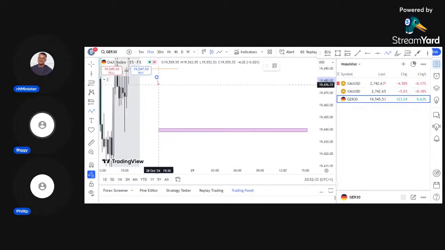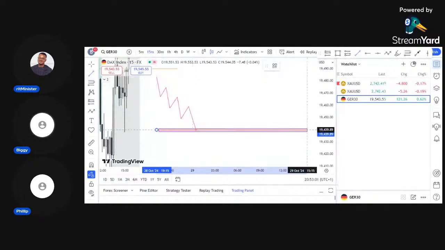So on the 15 minutes time frame, the price was doing something like this. And then the price came to, let me just draw the line.